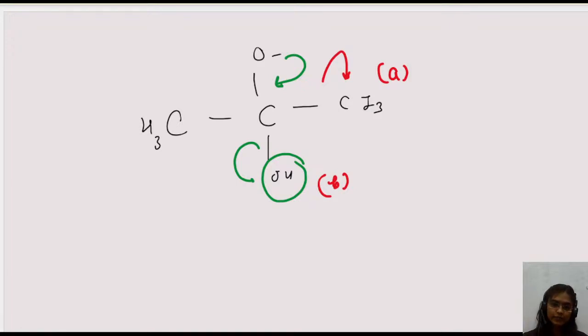Let's consider the basic question I want to ask you here. If the OH ion is released, what we get is the O negative ion, point number one. Second, if this is going to be released, we get the CI3 negative. You know that a reaction happens, or something leaves the molecule, because after leaving, maybe they are stable. We discussed so many times that the leaving group tendency is what?